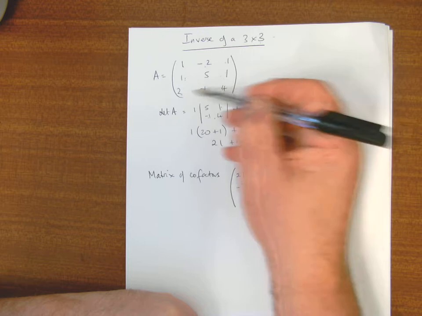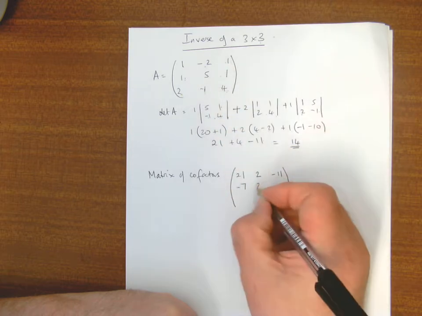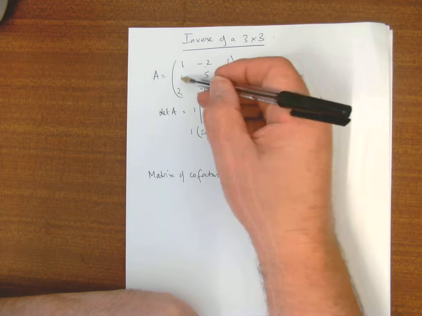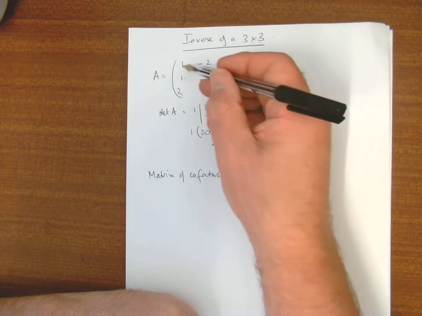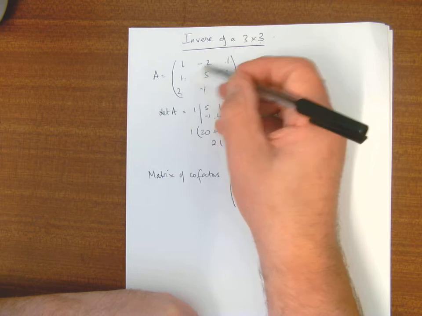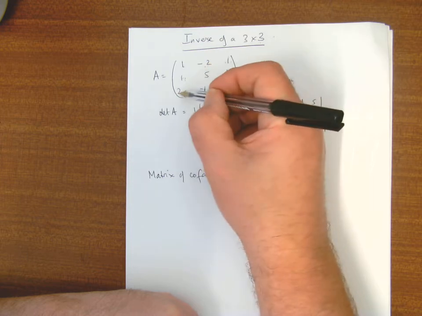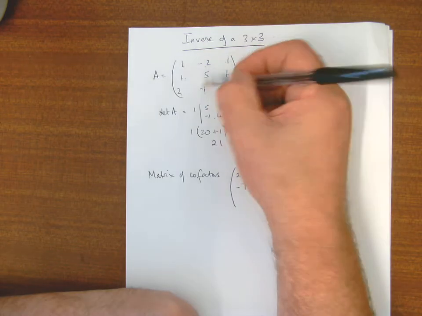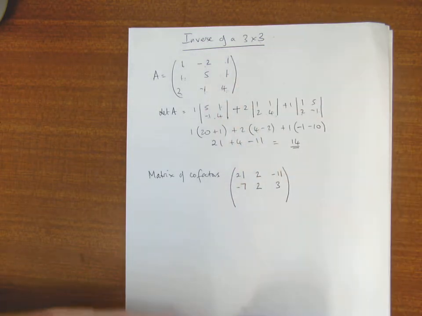So that's 4, take away 2 is 2. And the final entry in the second row takes that row out, takes that column out, so it's minus 1 take away minus 4. So that's minus 1 plus 4 is 3.